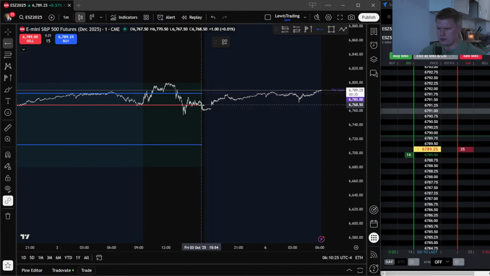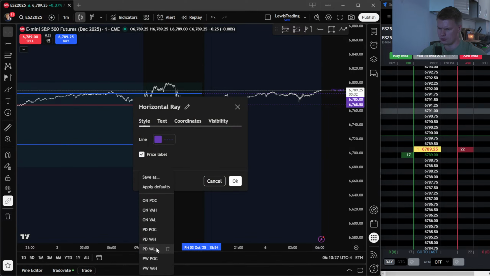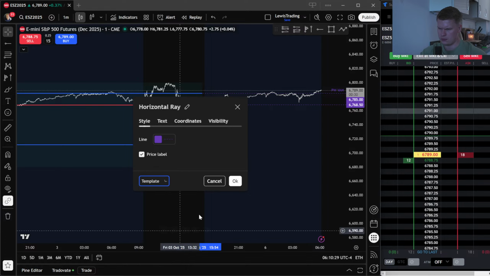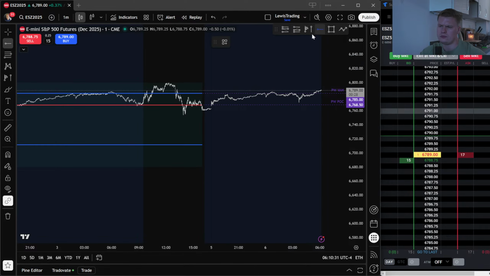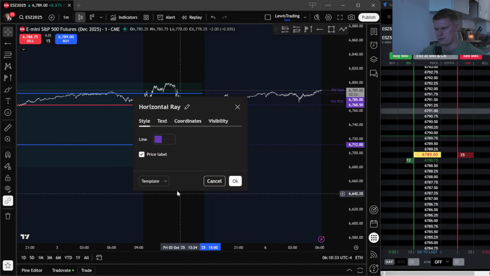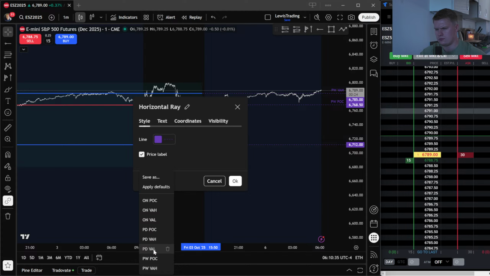Do need to change the color of them actually. There was a mix up when it wasn't saved. Yeah, see, that's not even on there.